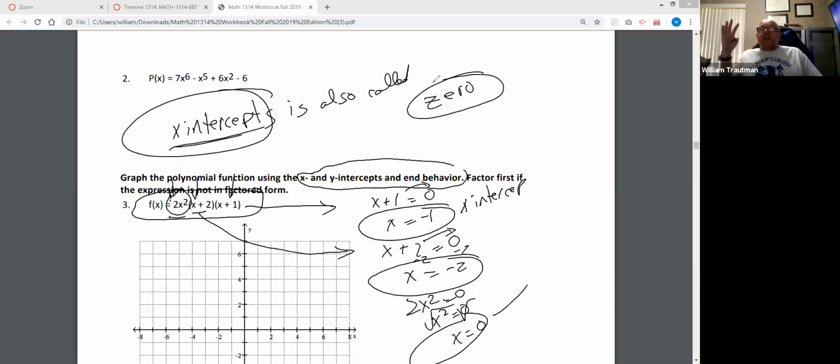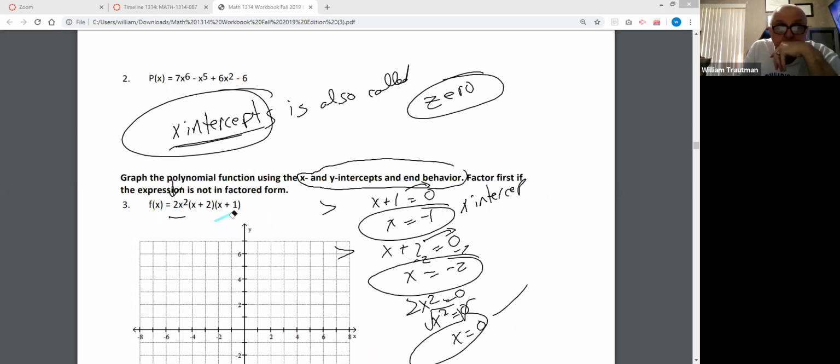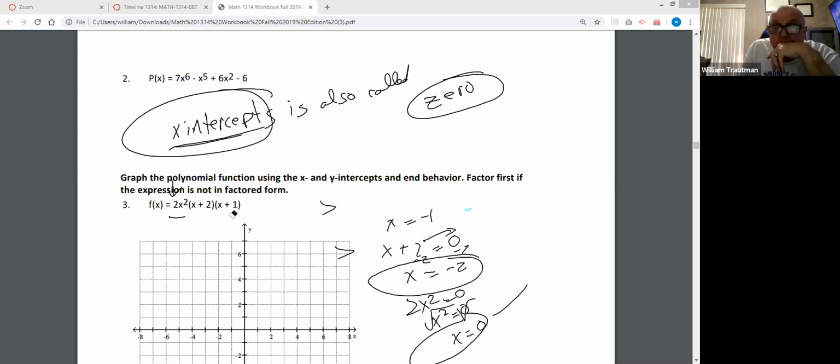So if it says find the zeros, that means find the x-intercepts. Now that we have the x-intercepts, we can graph this. There's one x-intercept at -1 right here, one at -2, and one at 0.